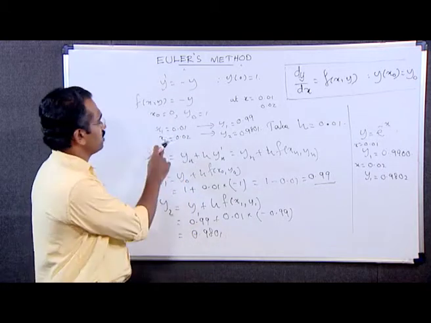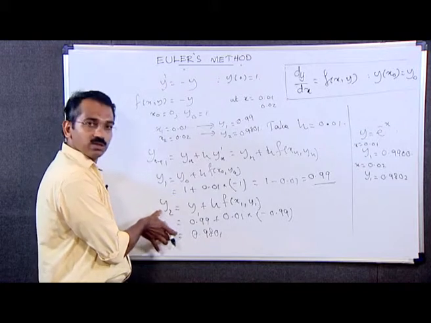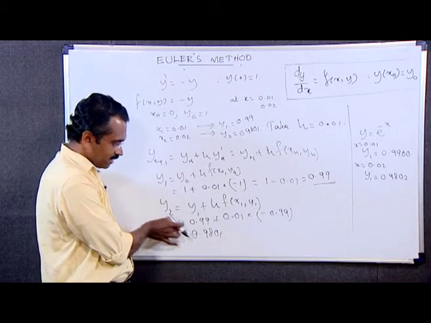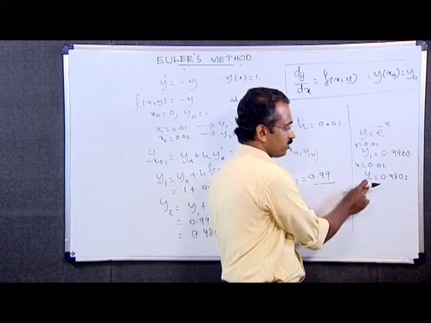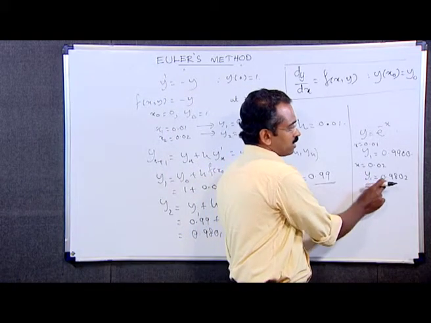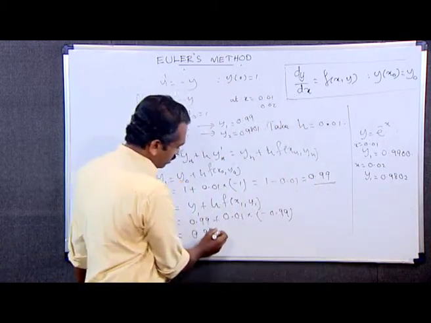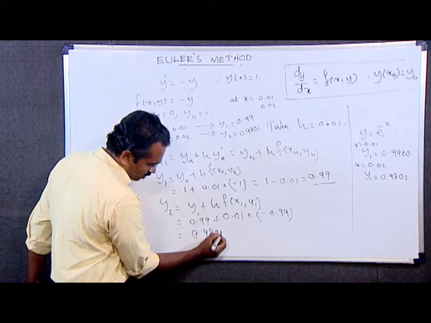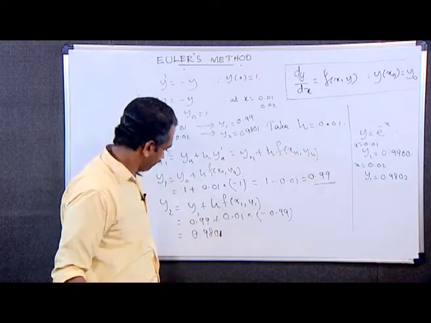In the second case, for x2 is equal to 0.02, from Euler's method the value of y is 0.9801, but the actual value is 0.9802. Here by Euler's method it is 01, therefore there is a small error in this case.